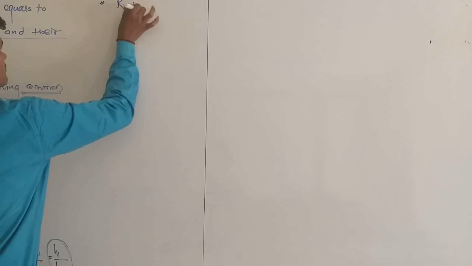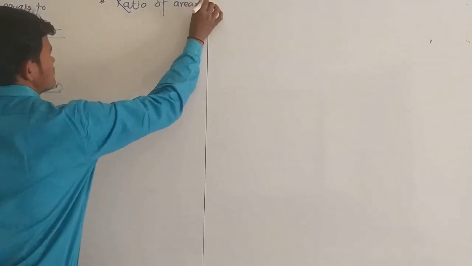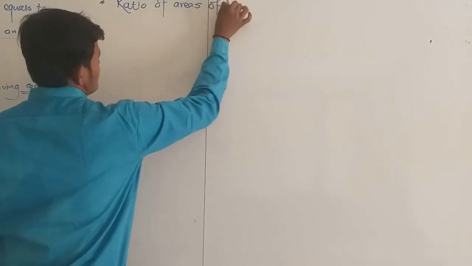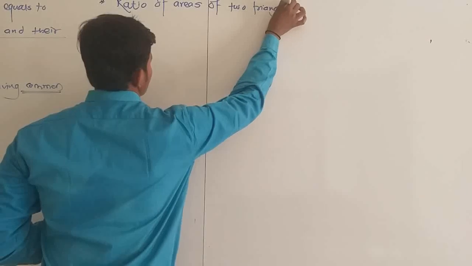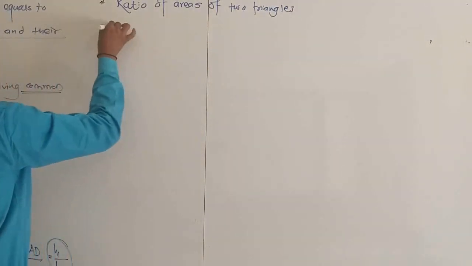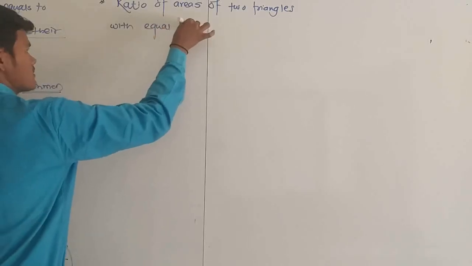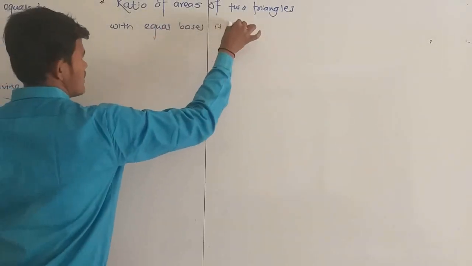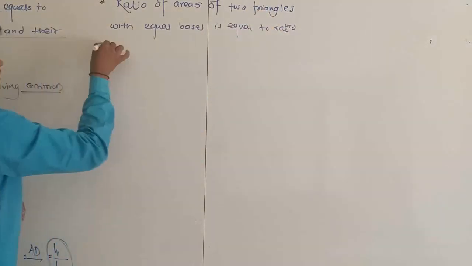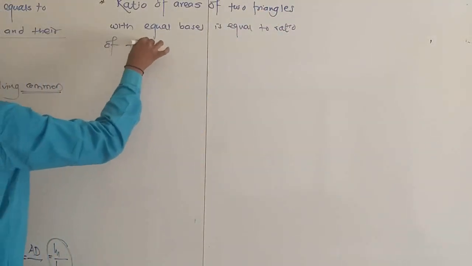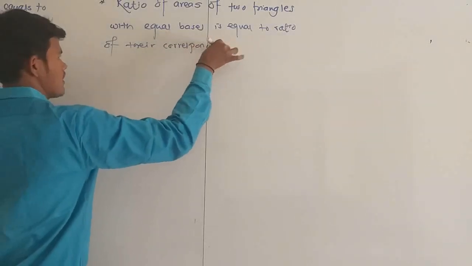Ratio of areas of two triangles with equal bases is equal to the ratio of their corresponding heights.